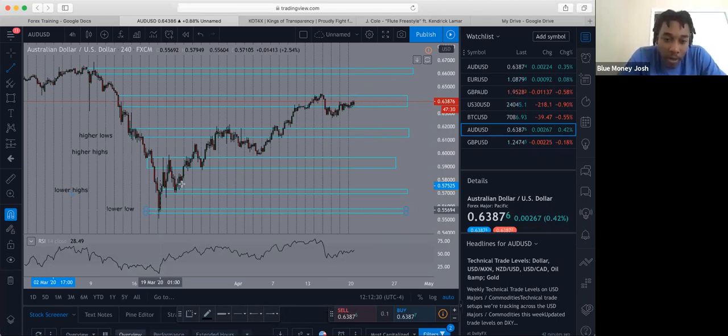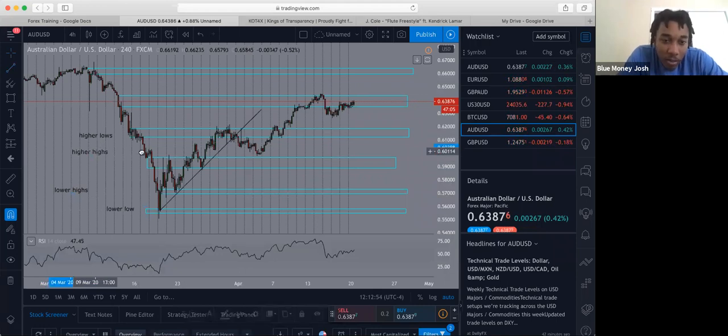Right now on this up, from here to here, and then here, it's touching the same exact points. It came up, came back down, touched here, came up, came back down, touched here, came up, came back. It's following this trend. So now this is an uptrend.